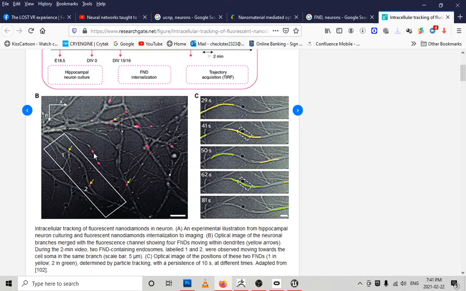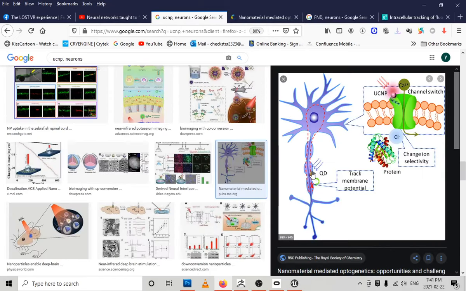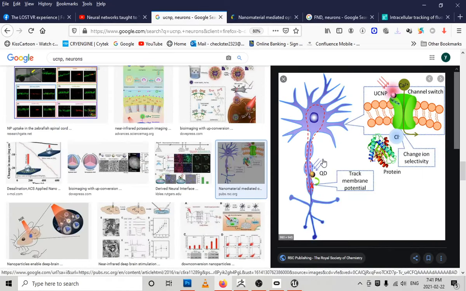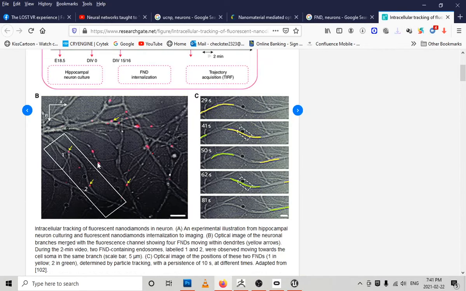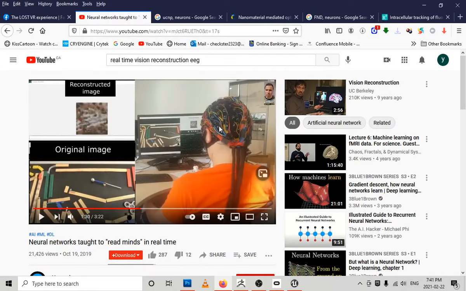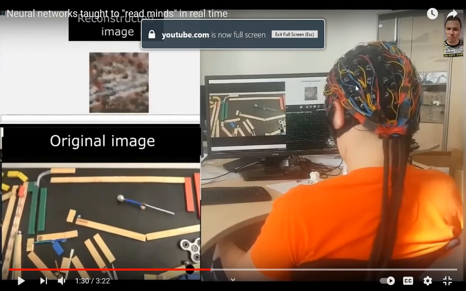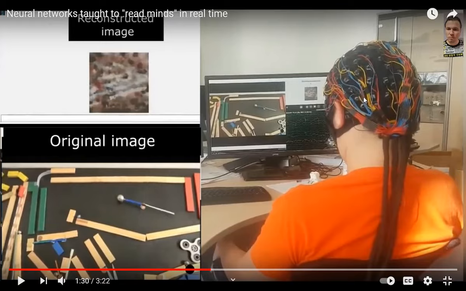Now I'm just showing you that these nanodiamonds basically can replace these quantum dots. And instead of being a quantum dot attached to the neuron, it can be a nanoparticle and a nitrogen vacancy literally inside the neuron. So now we can do this wirelessly, because these electrodes could be replaced if this person had a bunch of nanoparticles and nitrogen vacancies inside his brain.